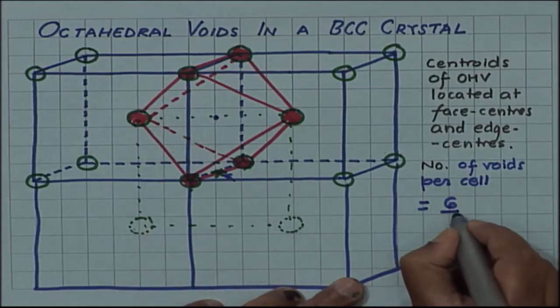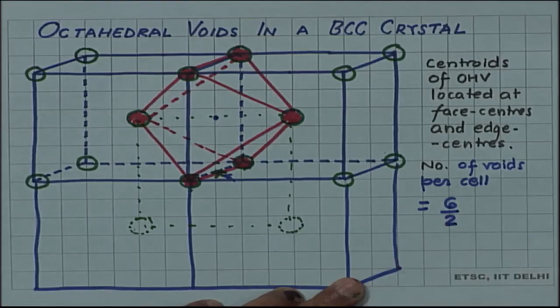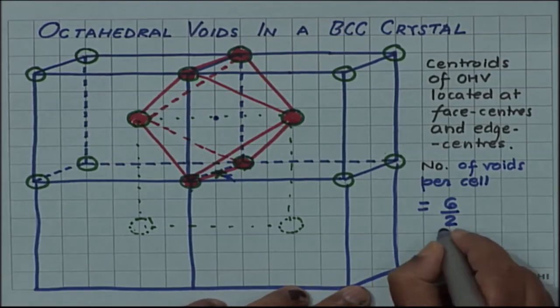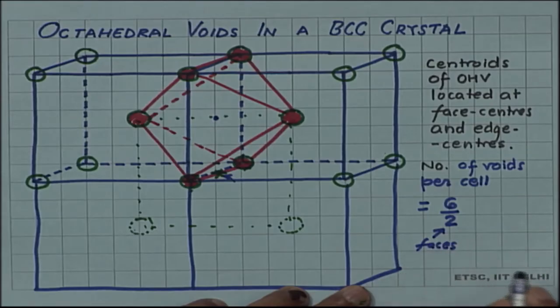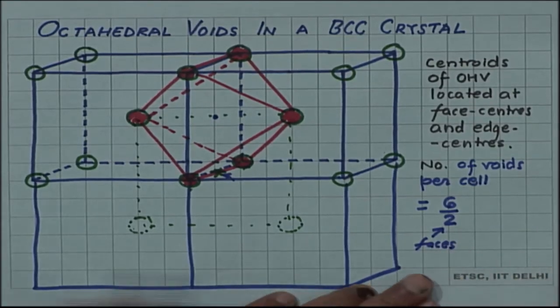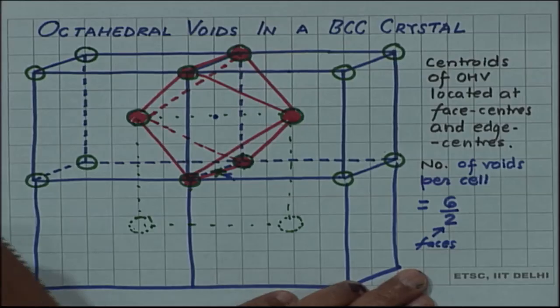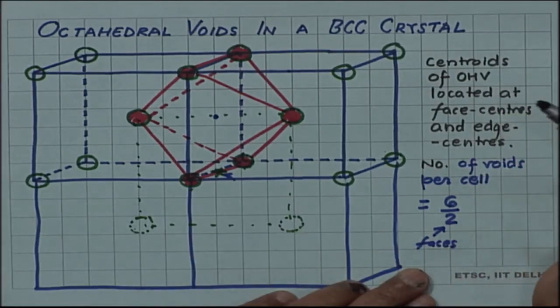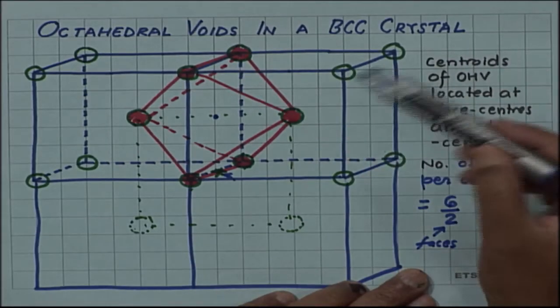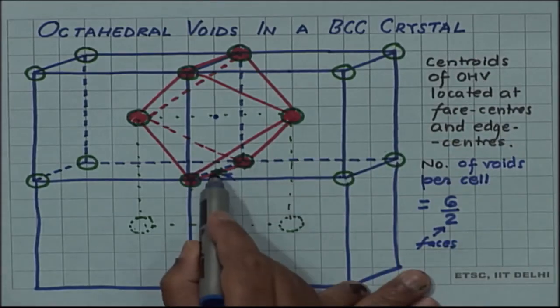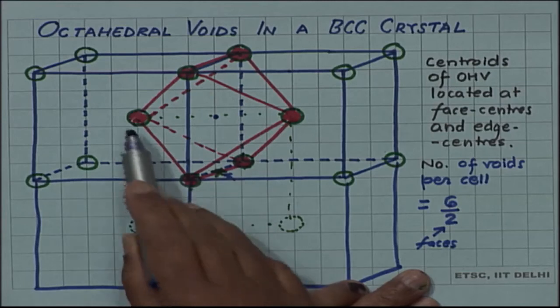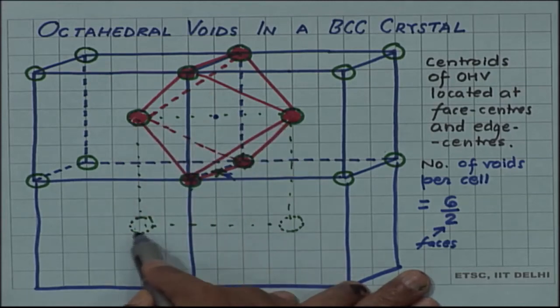So, we have the effective number per cell as 6 by 2. So, this is coming from faces, and then we also have the edge center ones, but each edge center one is being shared by 4 cubes.